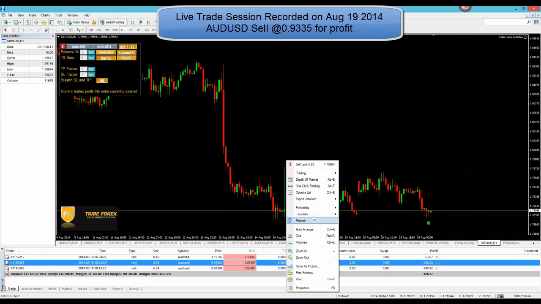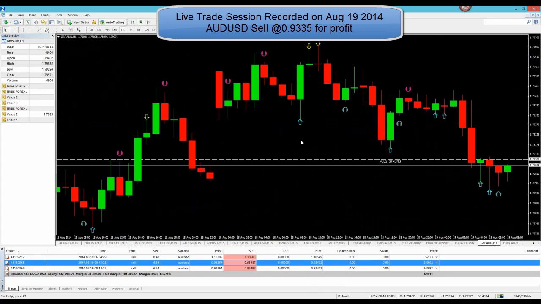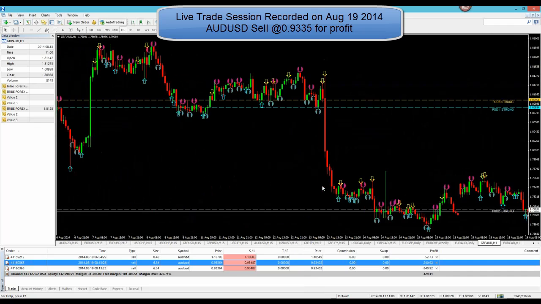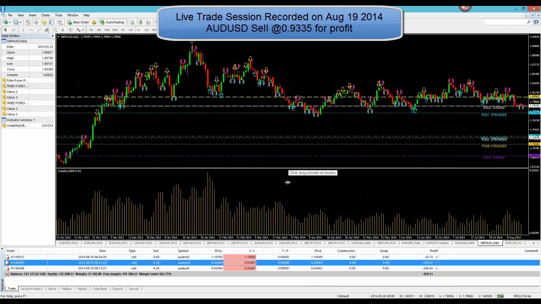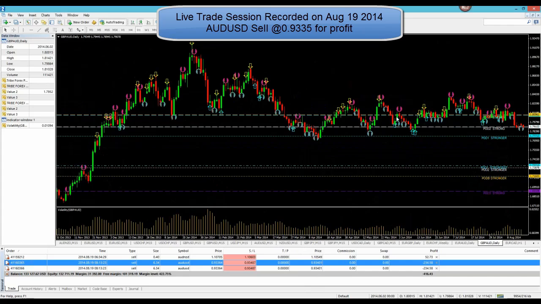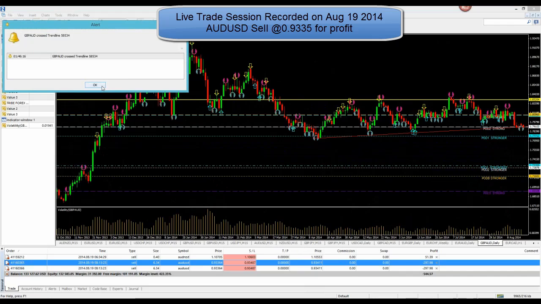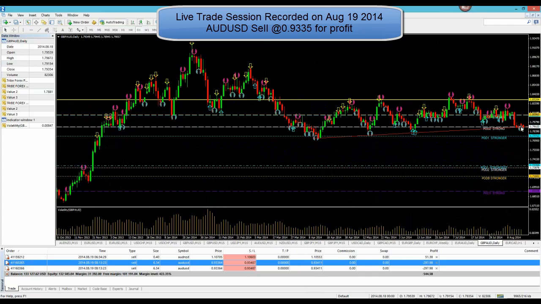Oops, not what I wanted. Wow, so this is really interesting because this pound Aussie dollar is sitting right on a lot of support.